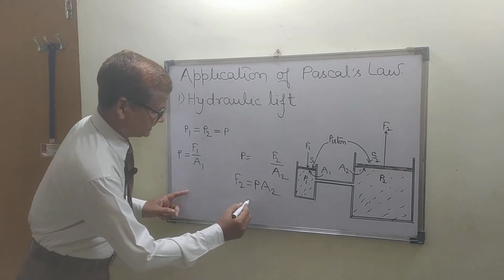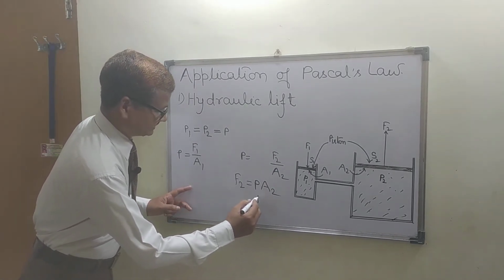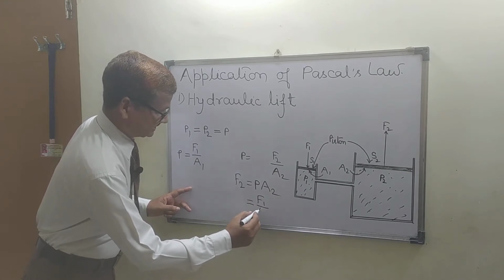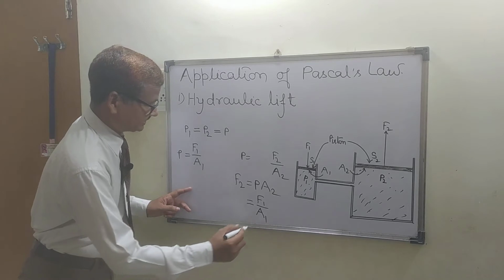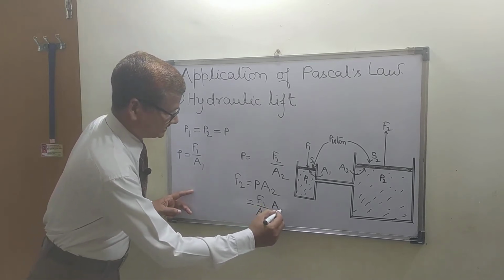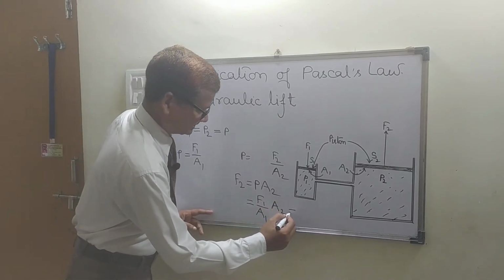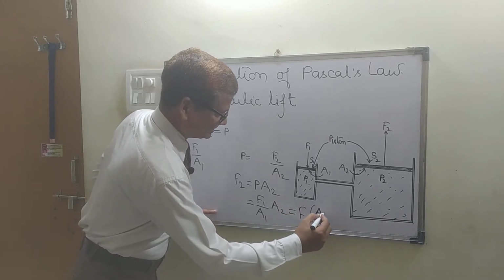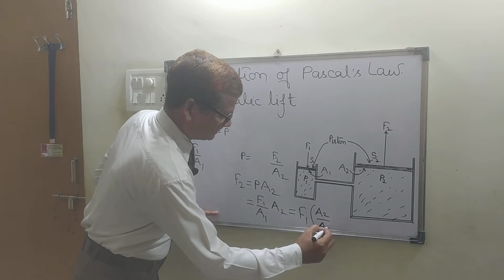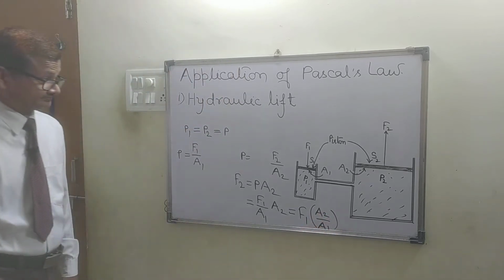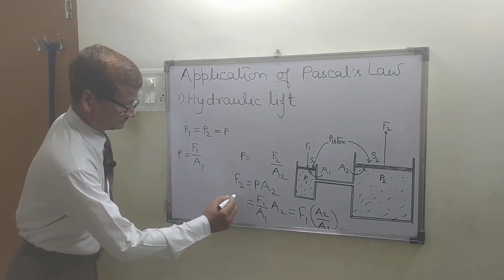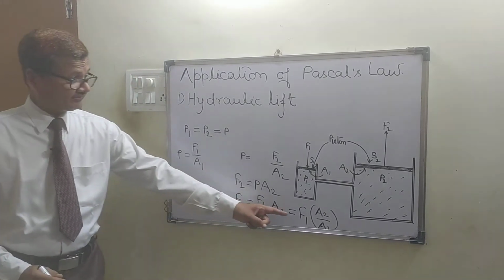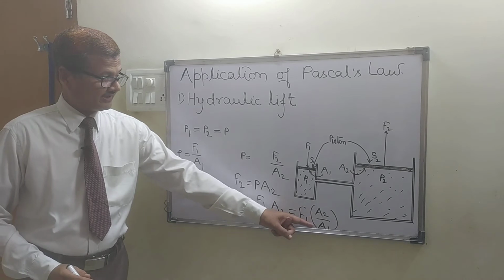Therefore, substituting the value of P, F2 is equal to F1 upon A1 into A2, which is equal to F1 into A2 upon A1.